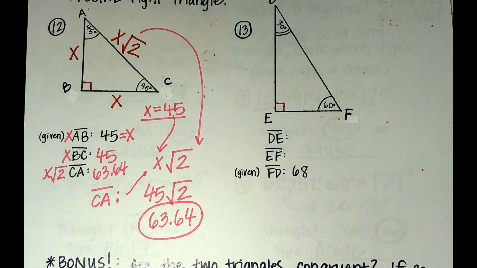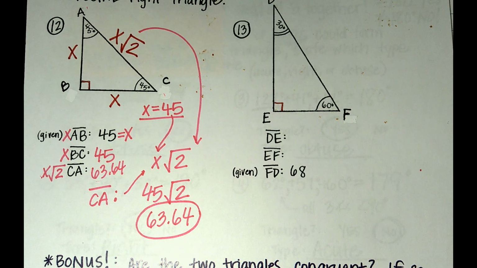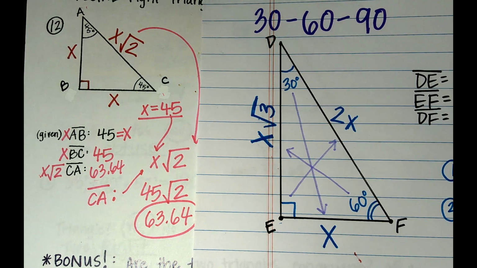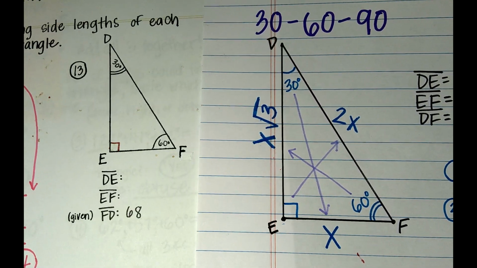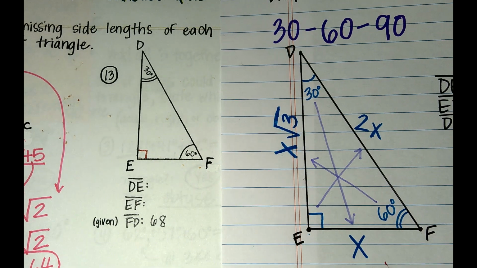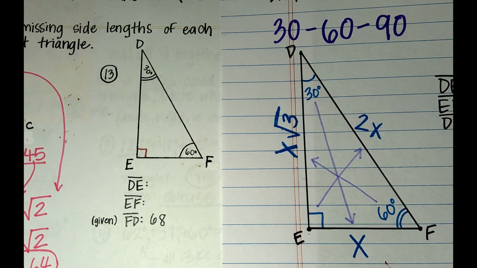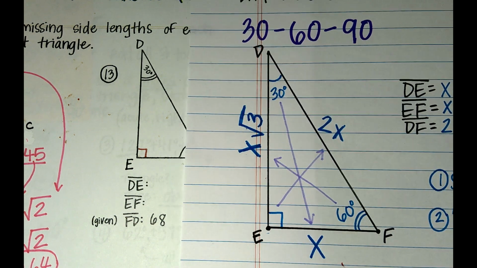Okay, so for number 13, now we have a 30, 60, 90 triangle. So we have different side measures. We want to start by labeling this. Again, don't make yourself memorize this. Write it on your paper.